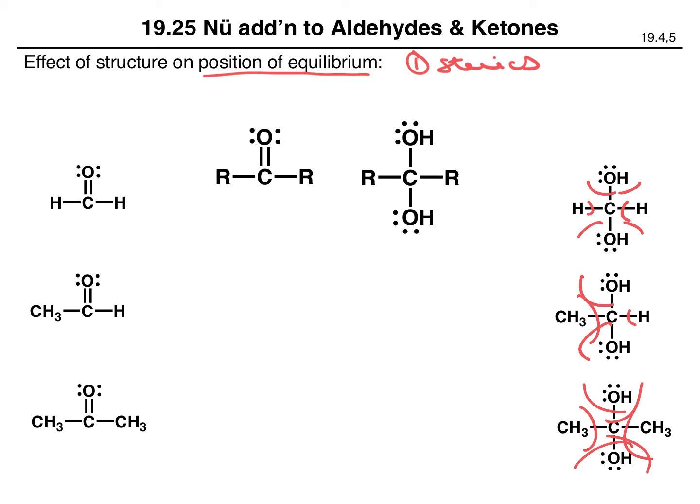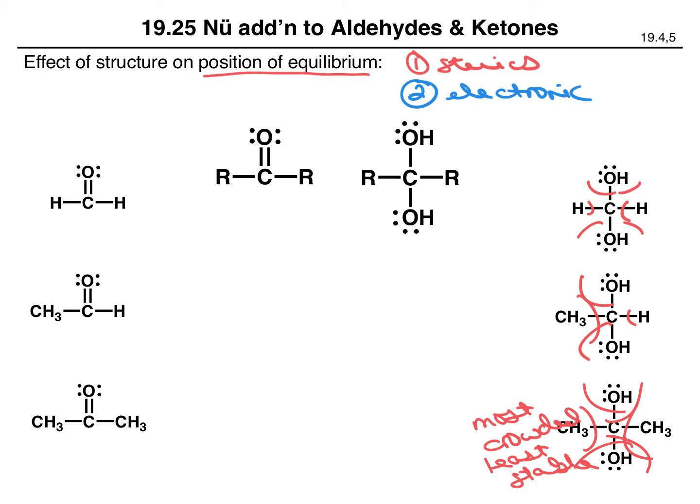And so this is going to be the most crowded, and so this is going to be the least stable. So by steric effects, the aldehydes are going to be more stable, and then the ketones are going to be less stable. Another feature we need to think about would be electronic effects.